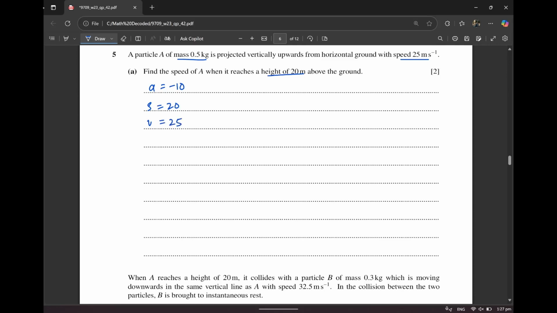I can easily figure out v. The formula I'll use is v squared equals u squared plus 2as. Just plug in the values. u is 25 squared plus 2, a is minus 10, and s is 20. This is going to give you v as 50.